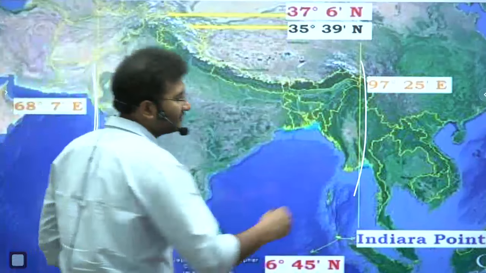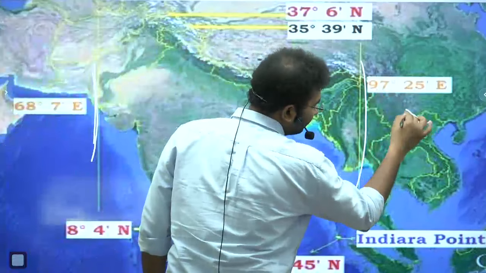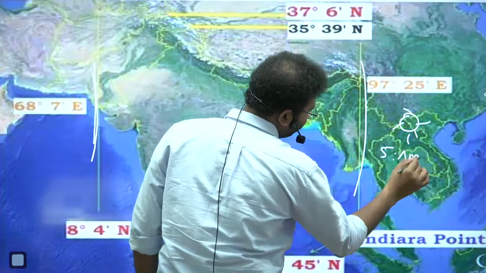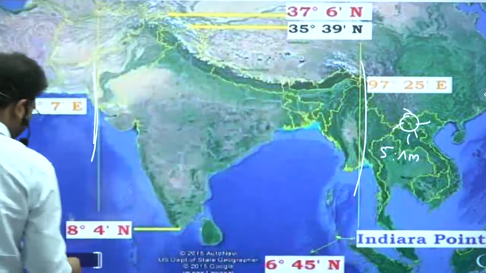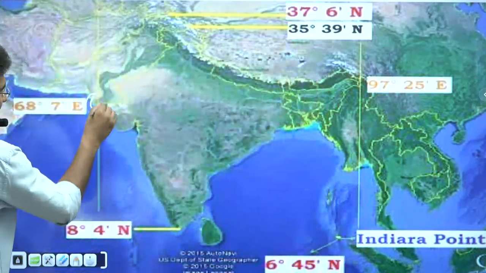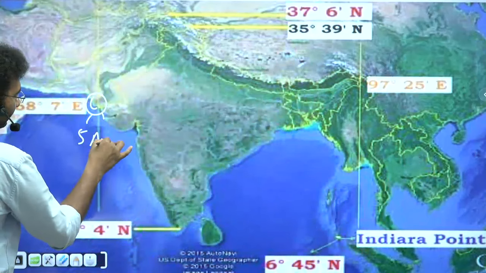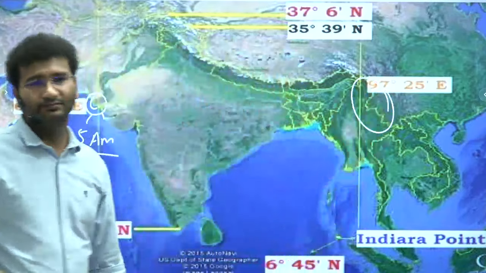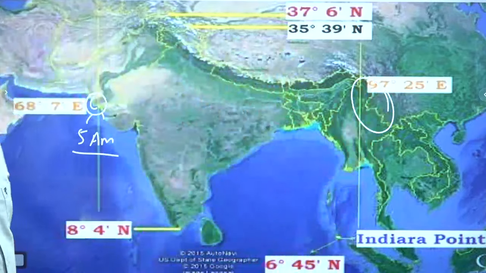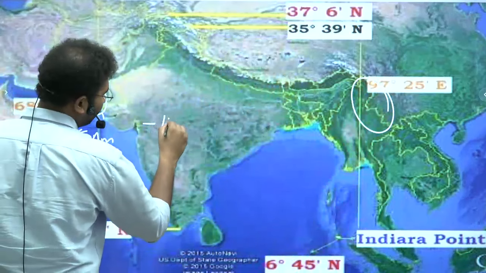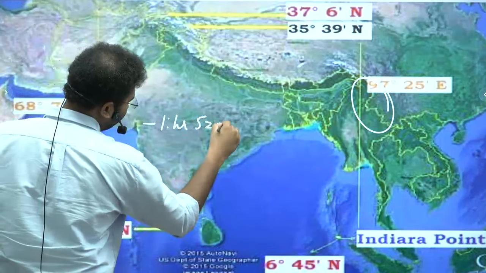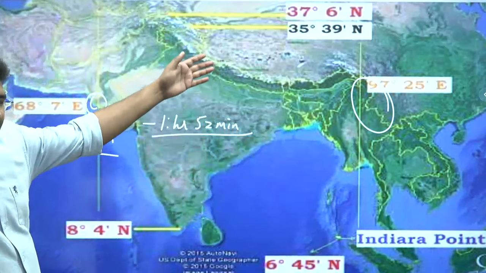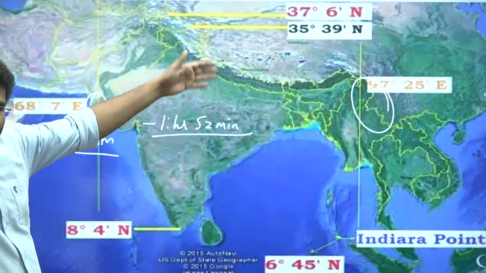If the sun is rising here at 5 a.m. in the morning, okay, I'll do it in reverse. If the sun rises here at 5 a.m., at what time does the sun rise in the easternmost part of India?